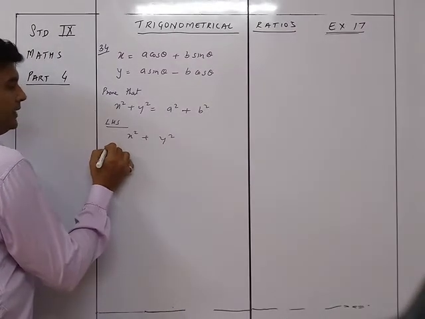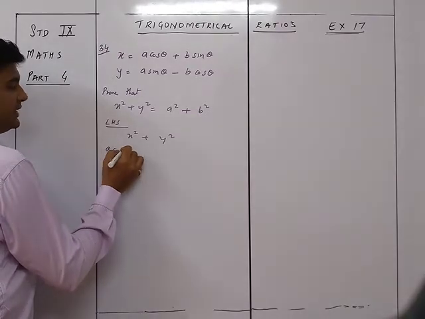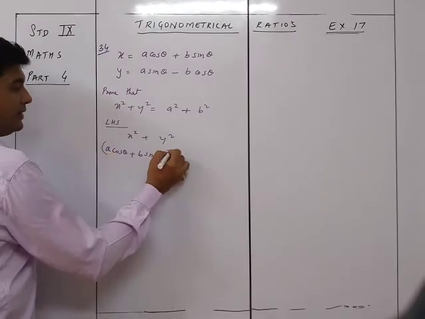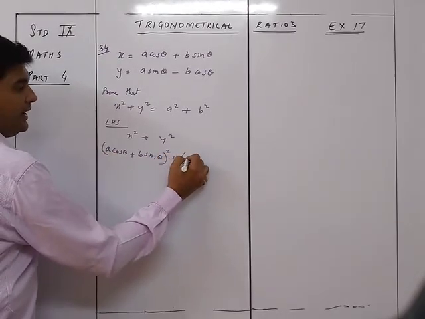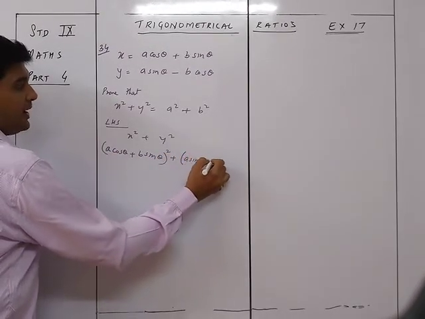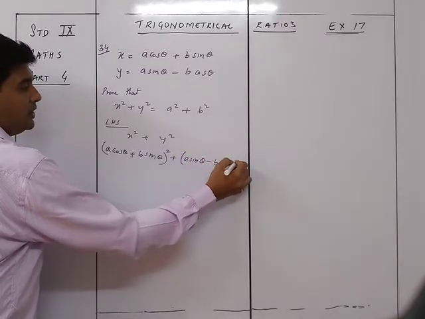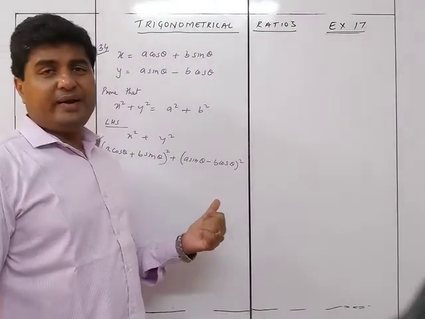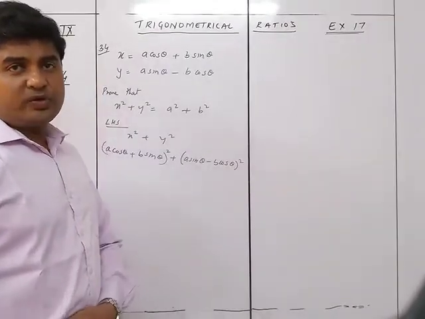That is nothing but a cos theta plus b sin theta the whole square, plus a sin theta minus b cos theta the whole square. We square it by using the a plus b the whole square formula.